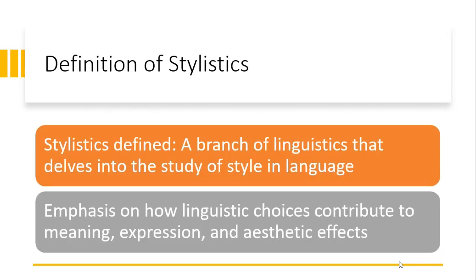If we talk about the definition, stylistics is a branch of linguistics that delves into the study of style and language. Its emphasis is on how linguistic choices contribute to meaning, expression, and aesthetic effects.